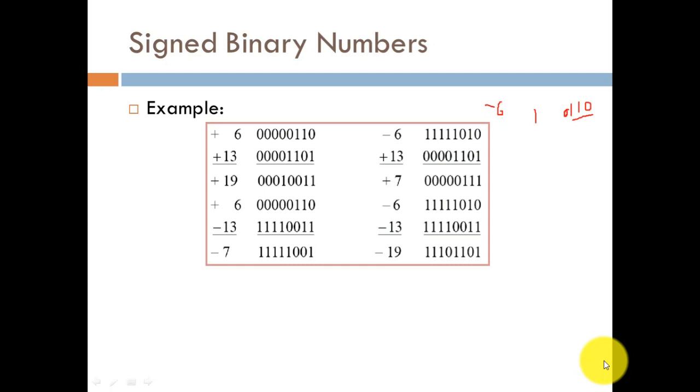So this is your 1 0, that is 4, 5, 6, 7, and this is our 8th digit. So this is representing the value of your 6, this is the magnitude, and this one is representing the signed value of your 6.